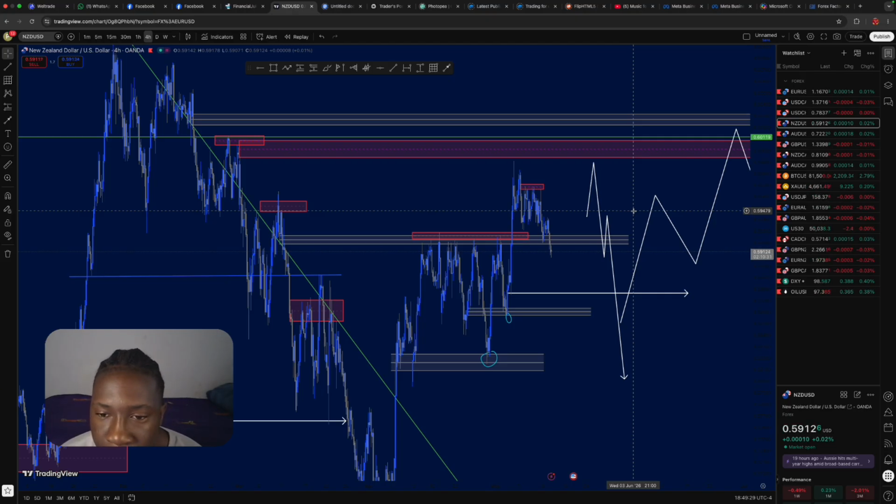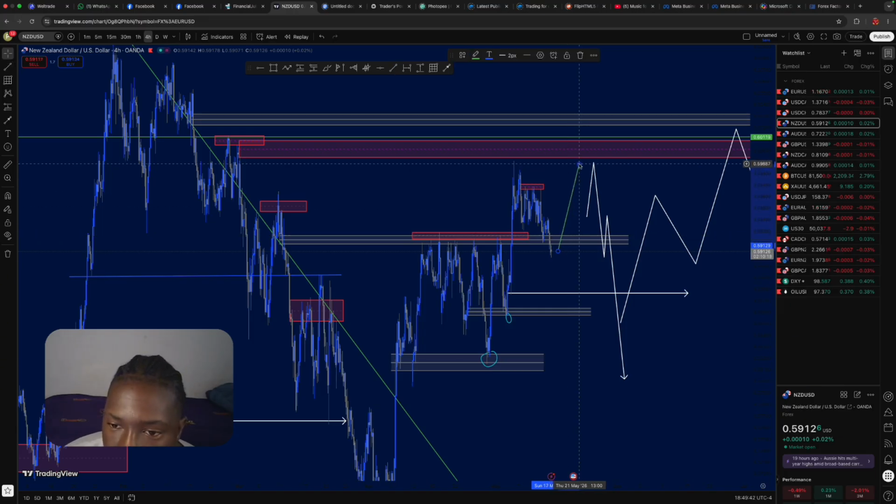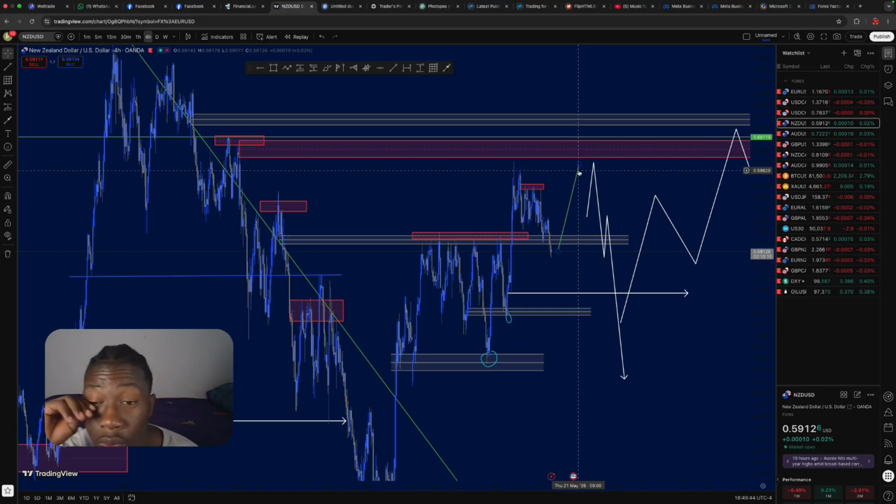I said maybe I'll look for another pull to the upside, but yes, this is what I want for this market, to move to the upside. Then we'll take the trade from this upper zone to the downside.